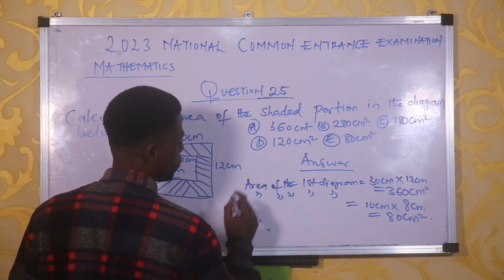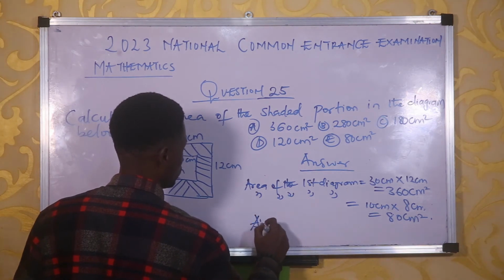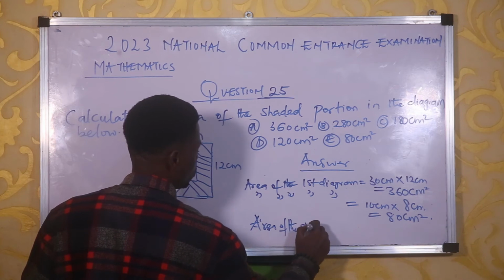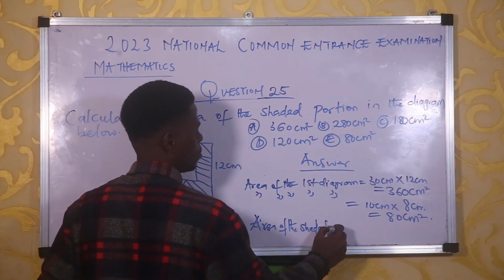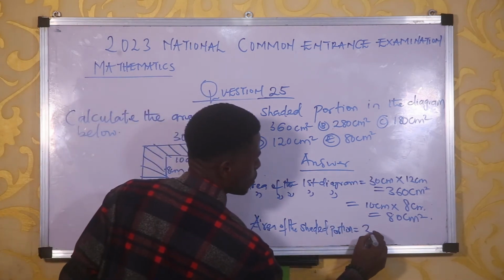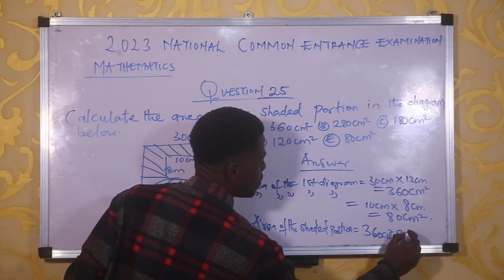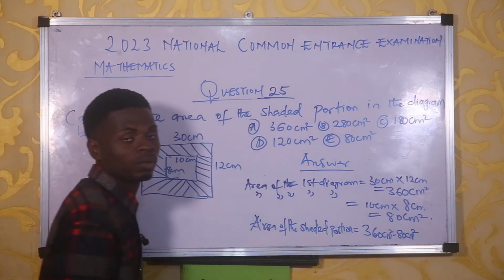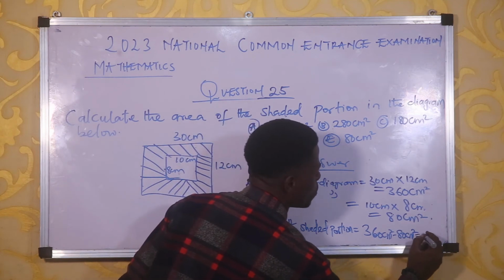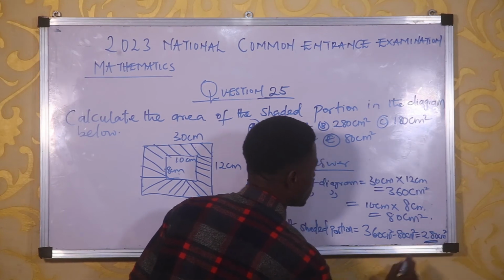Therefore, the area of the shaded portion is 360 centimeters square minus 80 centimeters square. So to get our final answer, 360 minus 80 will be 280 centimeters square. So that's our answer.